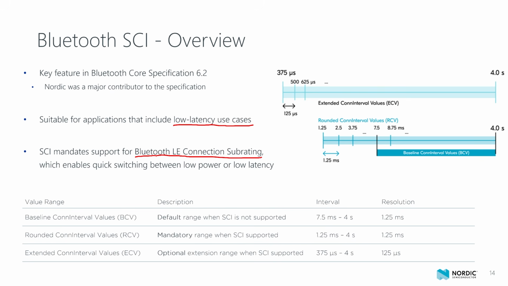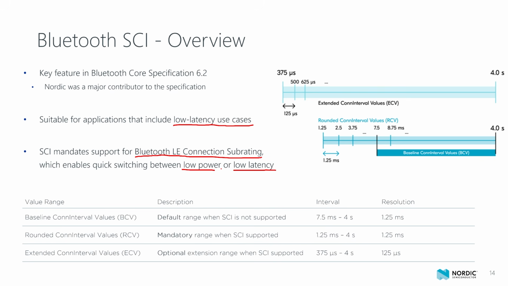But in a nutshell, what this feature enables is that it can switch quickly between low power or low latency, or in other words, between a short or longer connection interval without changing the connection parameters directly. So you can just basically skip connection intervals to go from low power to low latency very quickly and back.